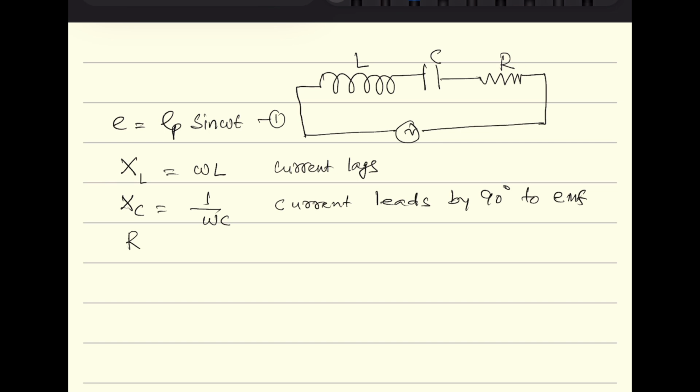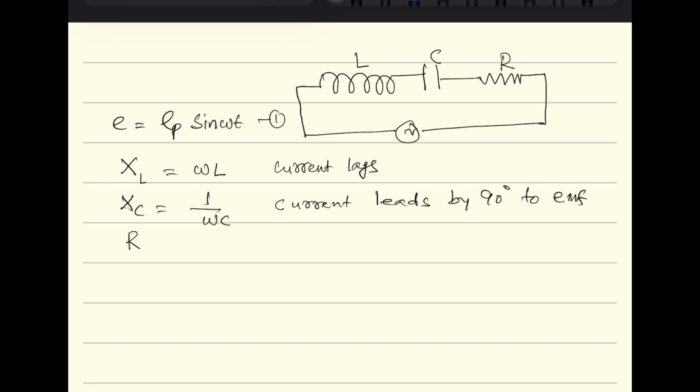What do lags or leads mean? The phase angle between the current and the developed EMF is 90 degree, but 90 degree in both cases. In the capacitor the phase angle is 90 degree, and in the inductance also 90 degree.